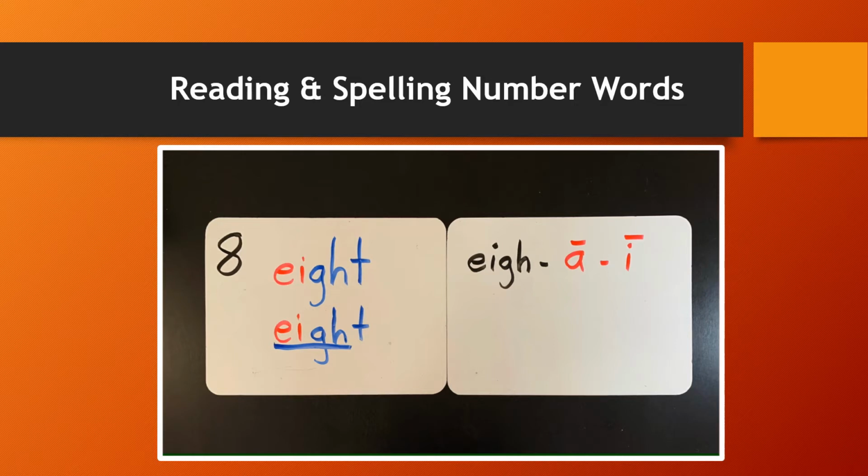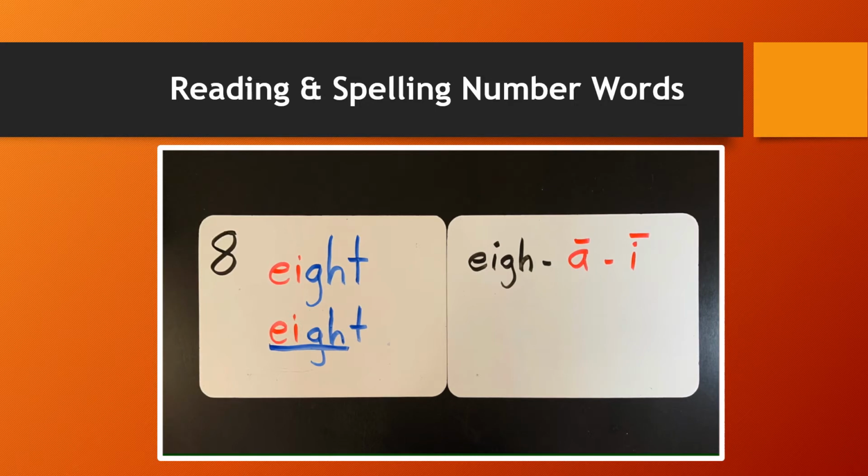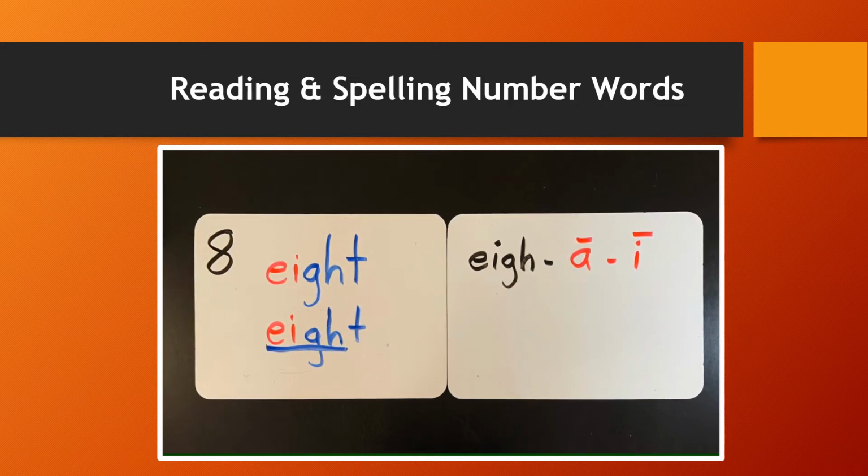Now let's take a look at the word 8. 8 is super tricky. It has a very long multi-letter grapheme within it. 4-letter grapheme is E-I-G-H, and altogether those 4 letters make one of 2 sounds.